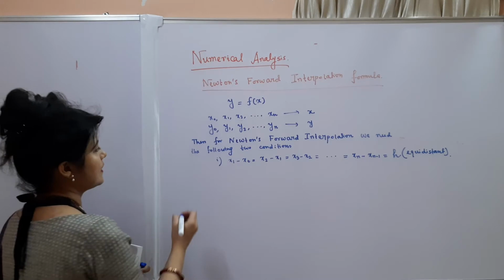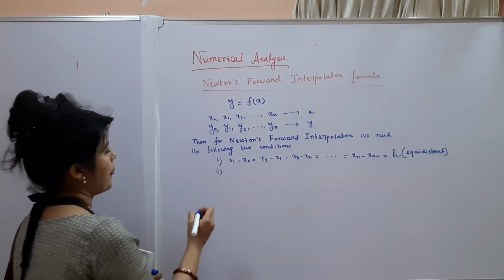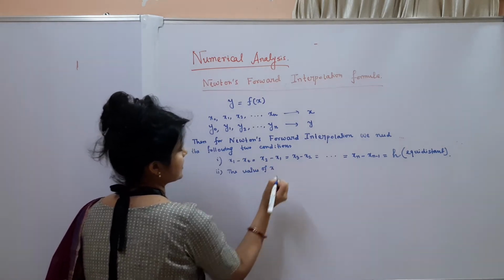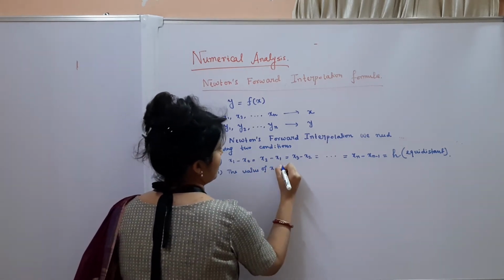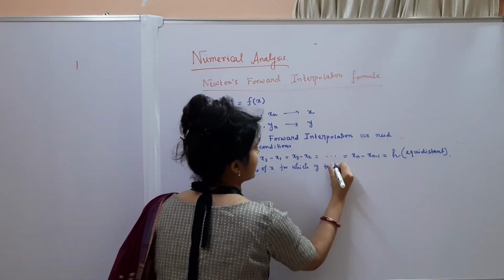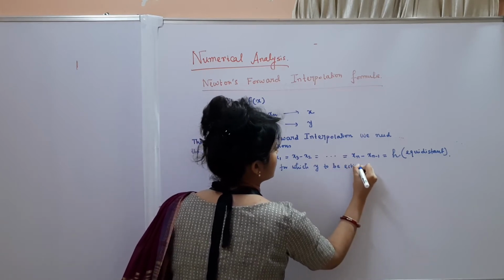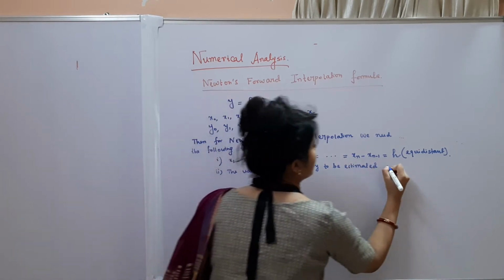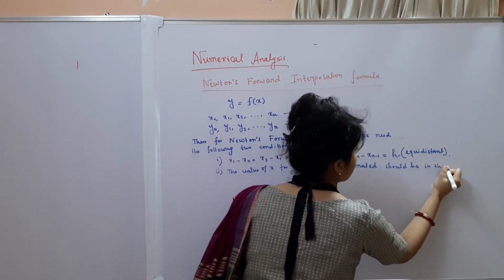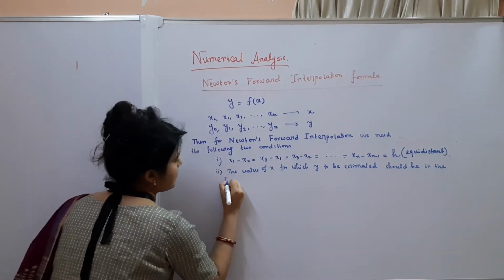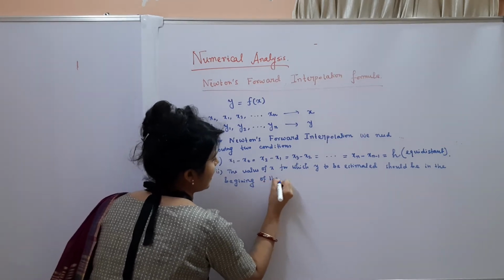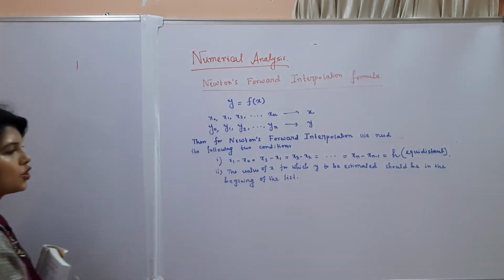Okay, and number 2 is the value of x for which y is to be estimated should be in the beginning of the list, should be in the beginning of the list.